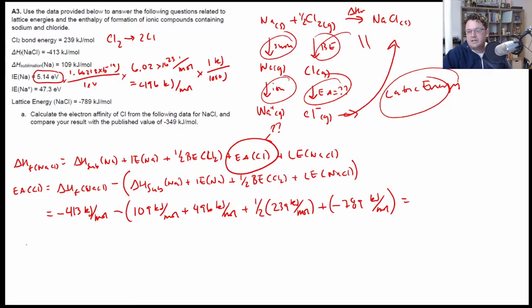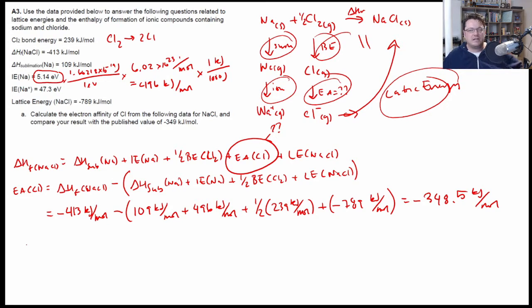Now we can just plug it into our calculator. Negative 413 minus 109 plus 496 plus 1/2 times 239 plus negative 789 gives us negative 348.5 kilojoules per mole, which is basically the same as the published value.